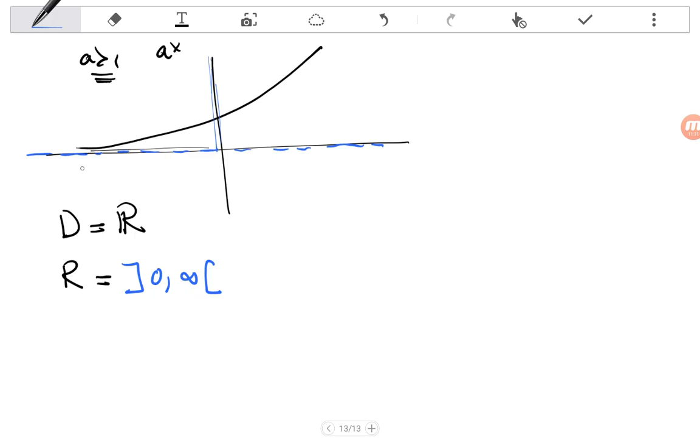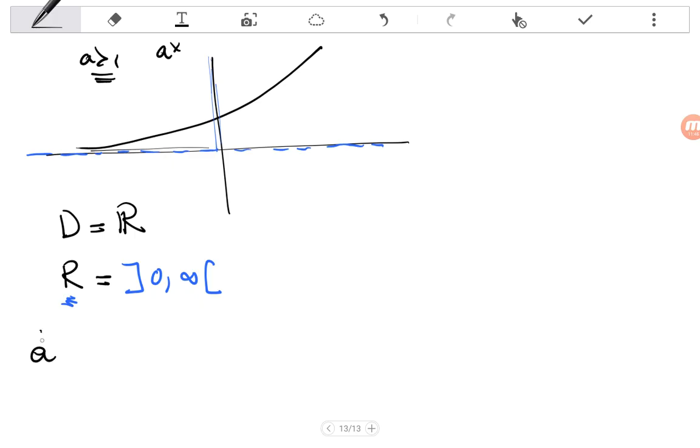So the range is from 0 to infinity, and 0 is outside that range because the curve never touches the x-axis.